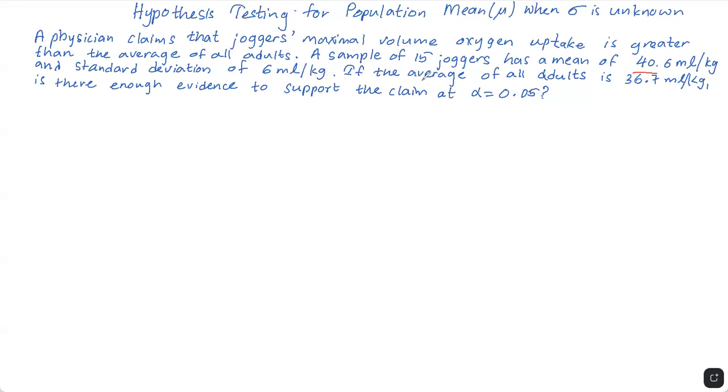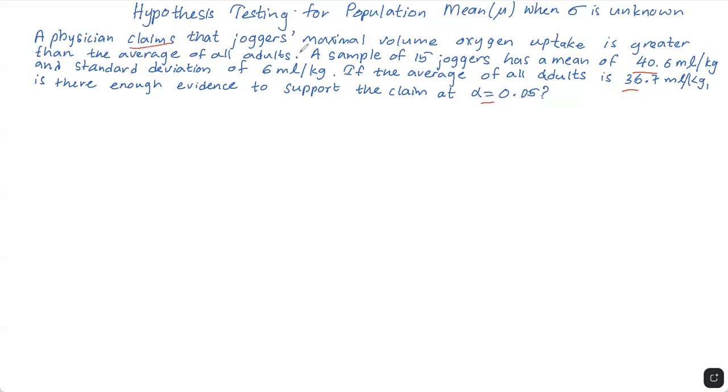If the average of all adults is 36.7 milliliter per kilogram, is there enough evidence to support the claim at alpha equals 0.05? So as you can see, this is one tail test.